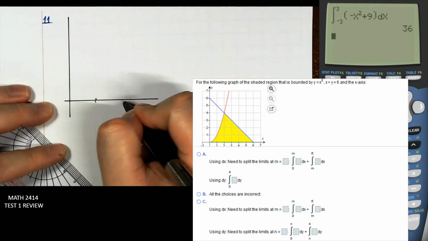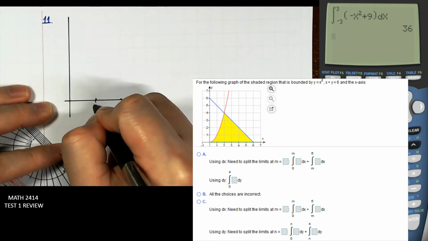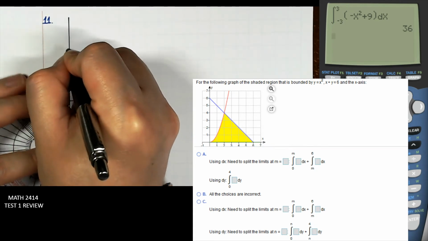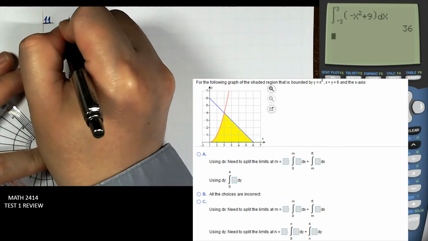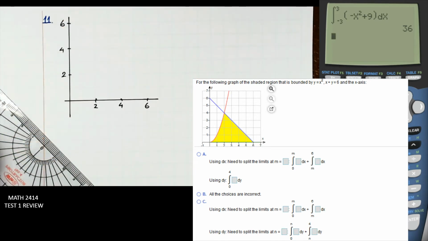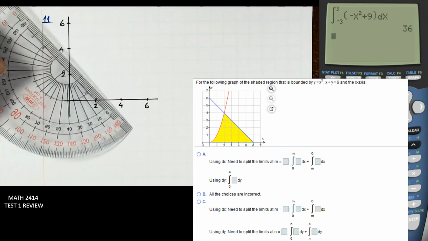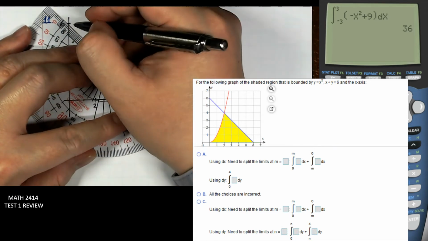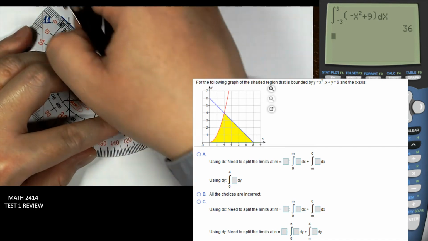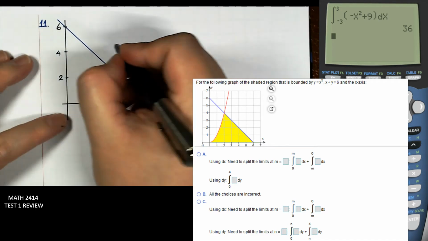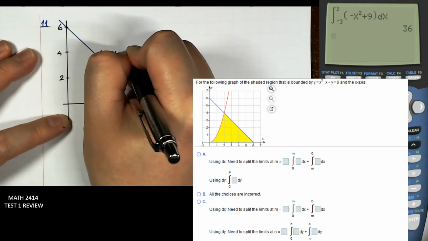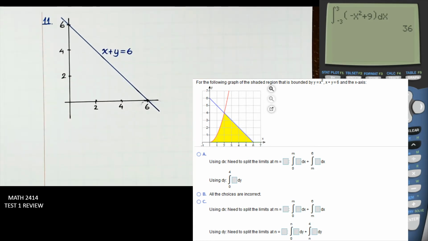So 2, 4, 6. X plus y equal to 6. And then y equal to x squared.